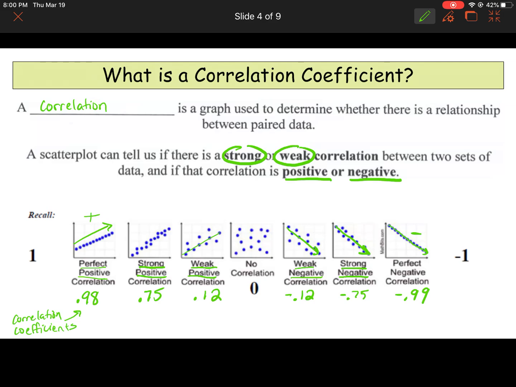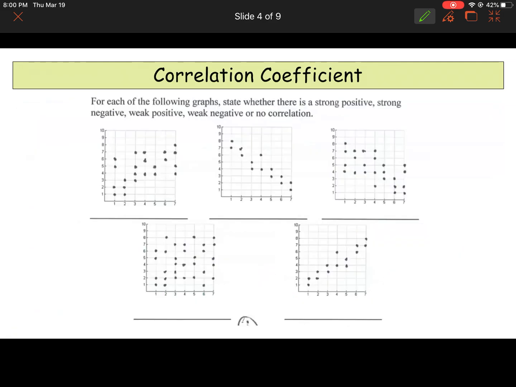So, let's take a look at some of these graphs, because on the regions, it will ask you to determine whether it's a strong or weak relationship, and whether it's positive or negative. Okay, so it says for each of the following graphs, state whether there is a strong positive, strong negative, weak positive, weak negative, or no correlation.